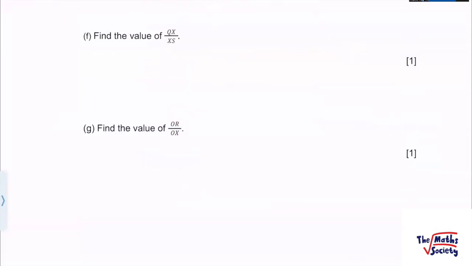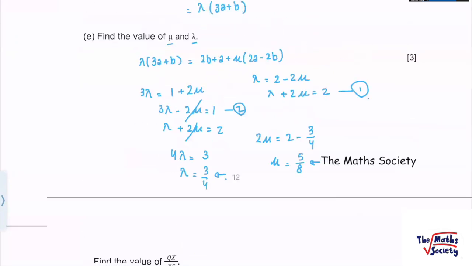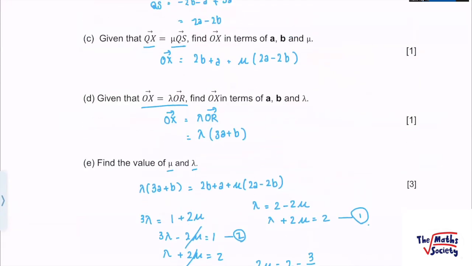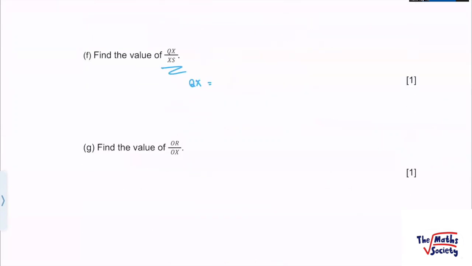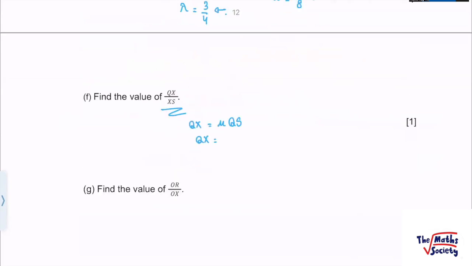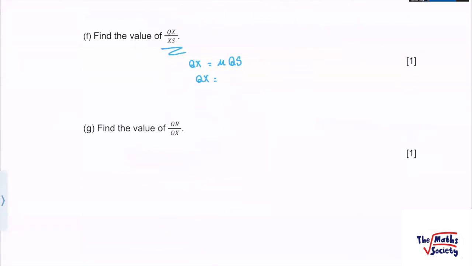It says to find the value of QX by XS. You know that QX was mu QS, and we have the mu value, which is 5 by 8 QS. So you know that QX was equal to 5 units, and XS was just 3.